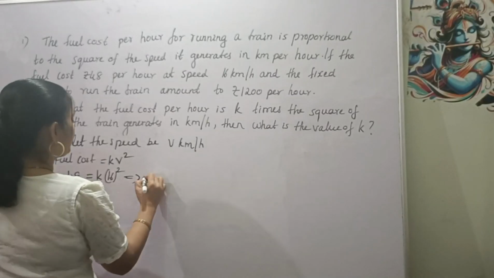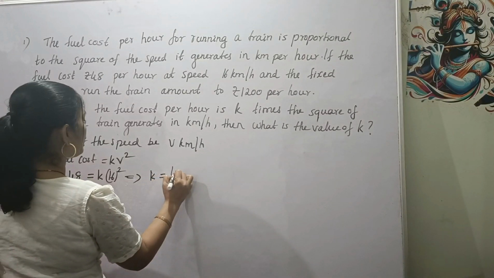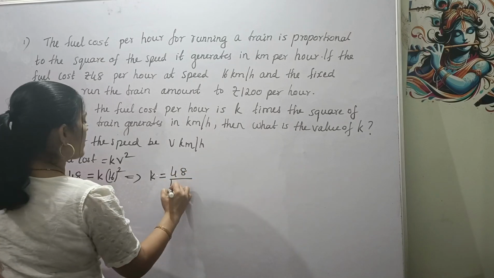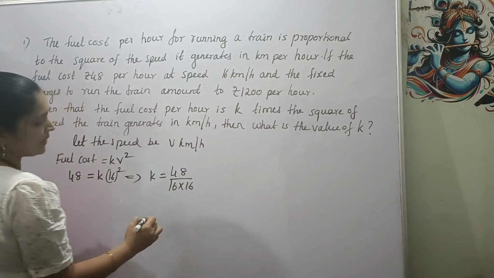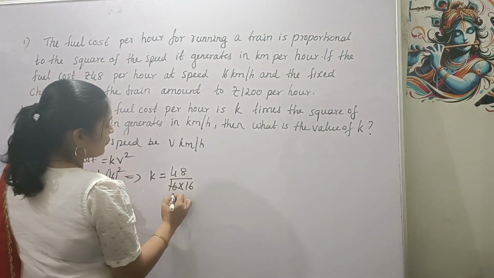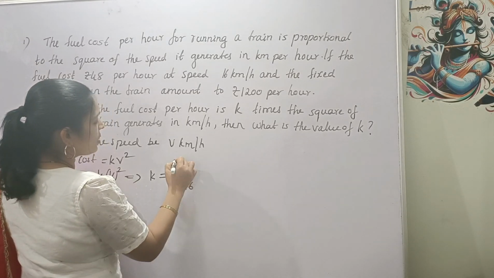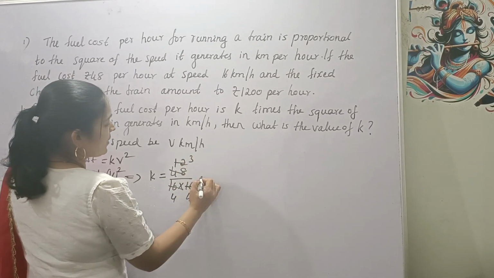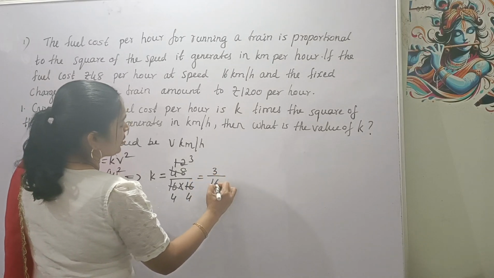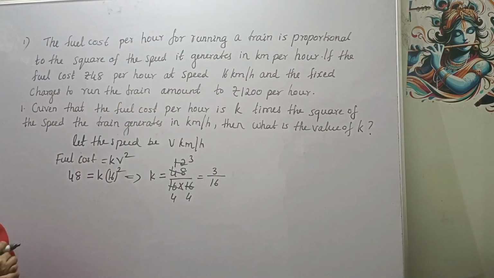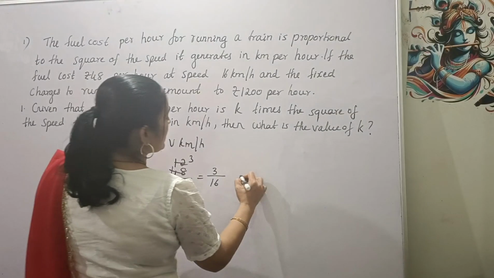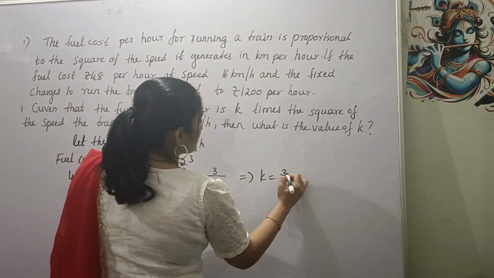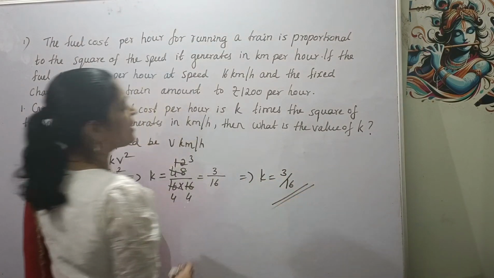That implies k is equal to 48 divided by 16 into 16. So it is equal to 3 divided by 16. Therefore, the value of k is 3 divided by 16.